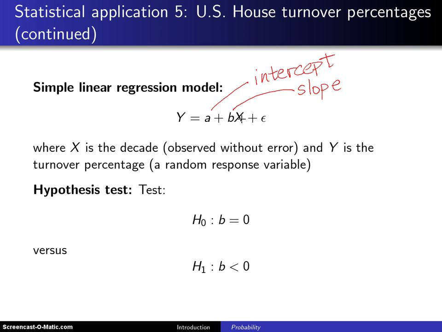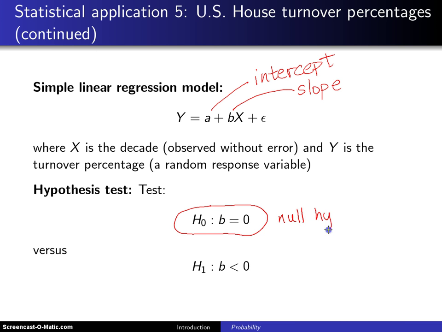Sometimes it is of interest when you're doing simple linear regression to test, and this is known as a null hypothesis H0, that the turnover percentage has a slope of 0 when measured against time.